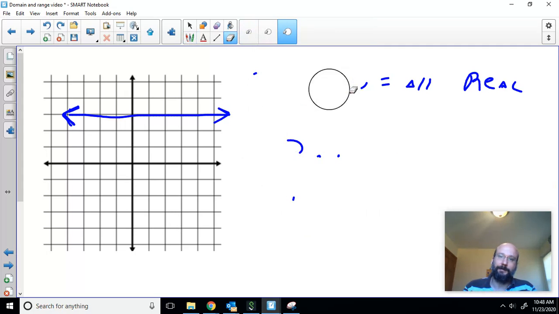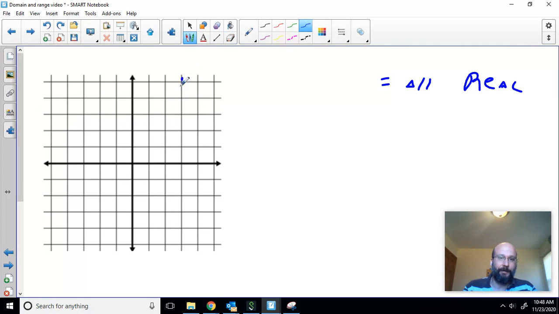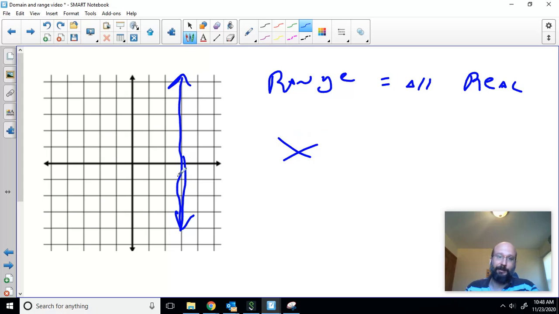So that would be the horizontal line. If you had a vertical line that went straight up and down, your range would be all real numbers because there's an arrow going up and an arrow going down, but your domain would be wherever that vertical line is. And in this case, it's 3.